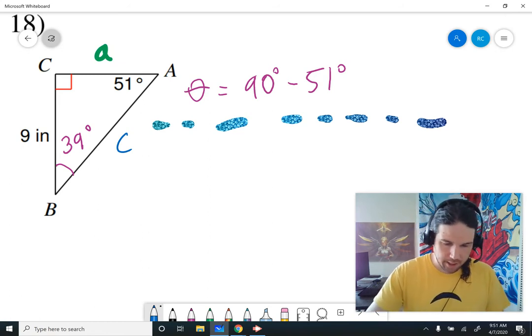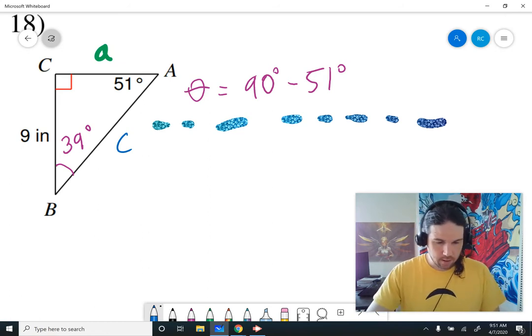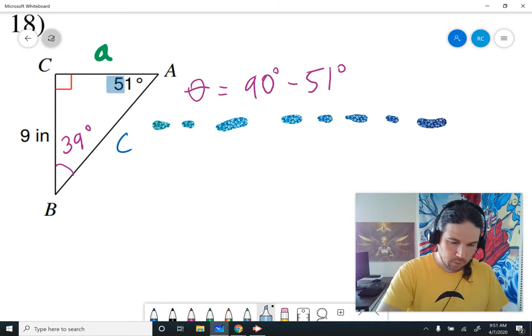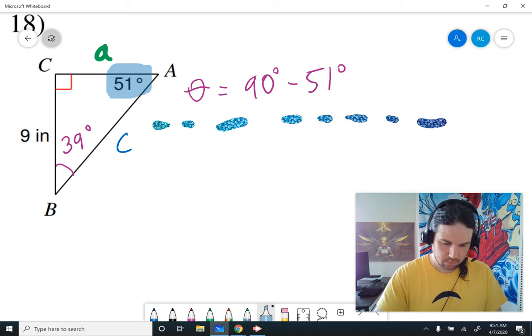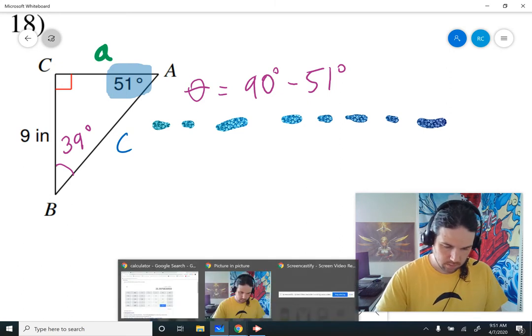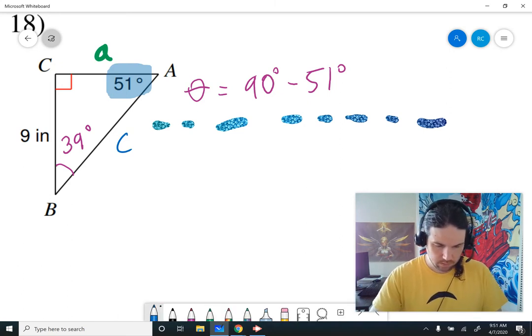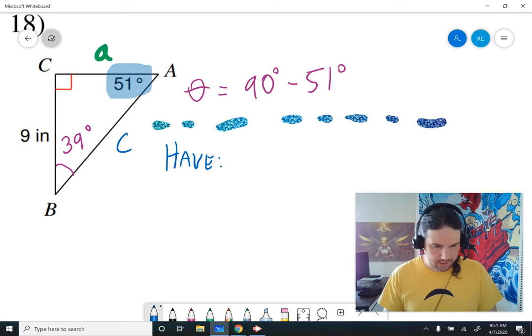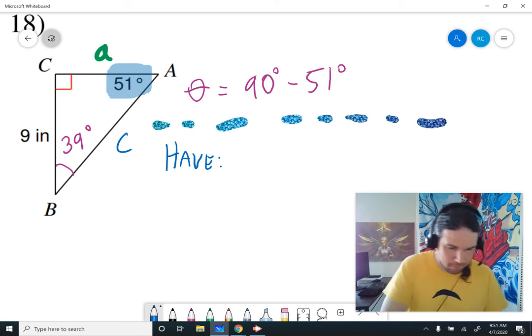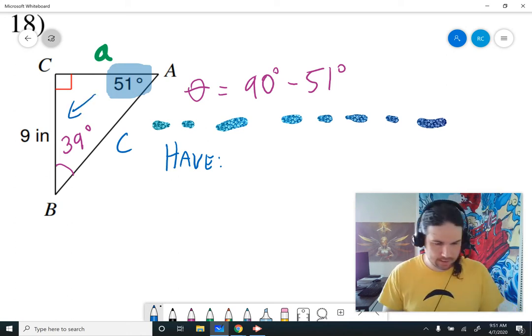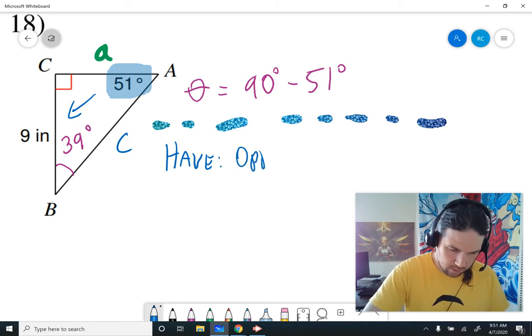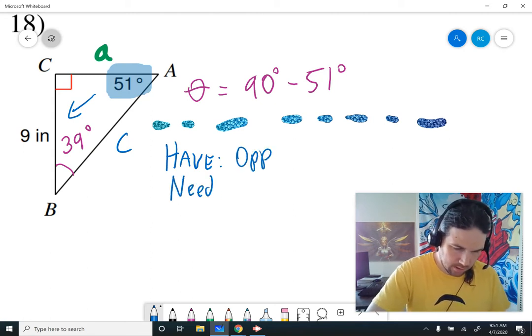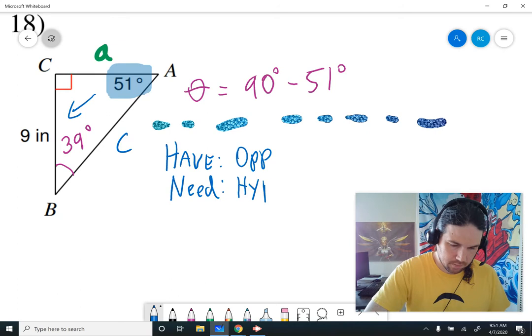So I know that from angle 51 degrees, let's see, I have, from 51 degrees, I have the opposite leg. And I need the hypotenuse.